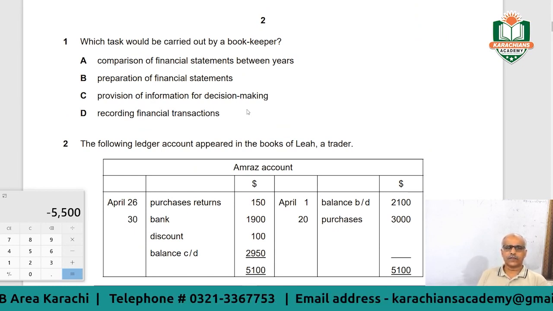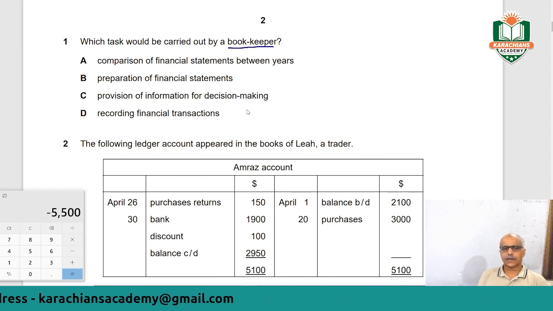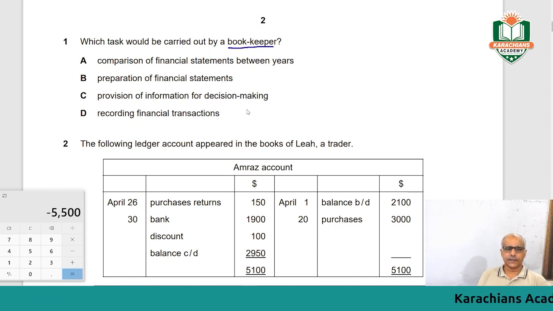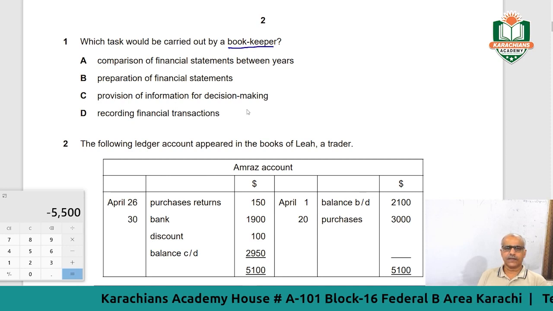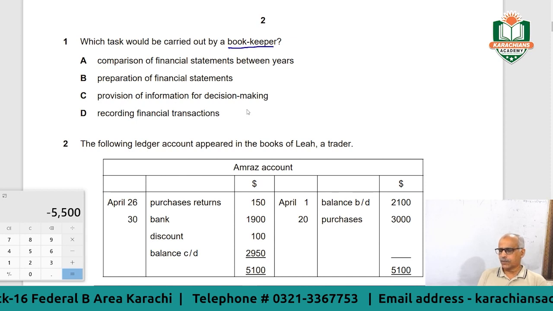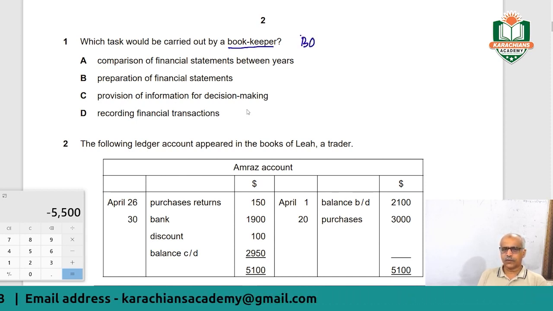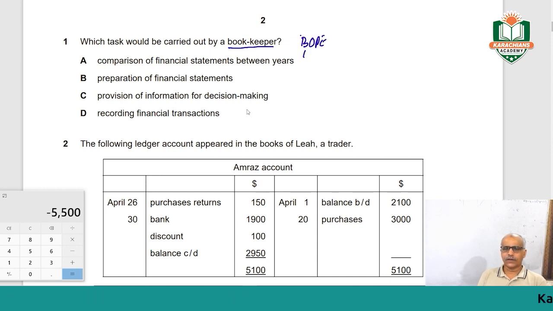Question number 1, which task should be carried out by a bookkeeper? Comparison of financial statements, preparation of financial statements, provision of information for decision making, recording the financial transactions. Actually, I'll give you a very brief explanation. First of all, books of prime entry, or we call it books of original entry.